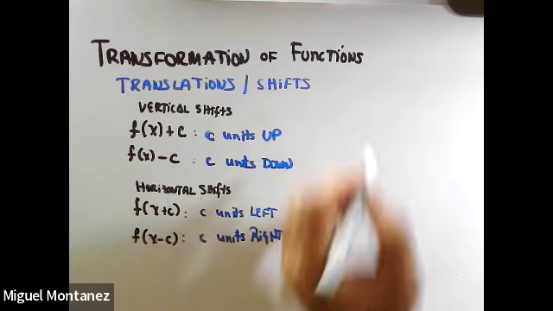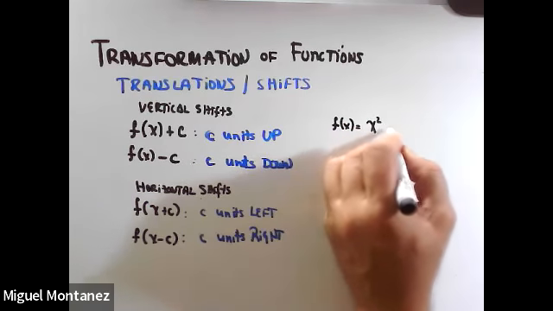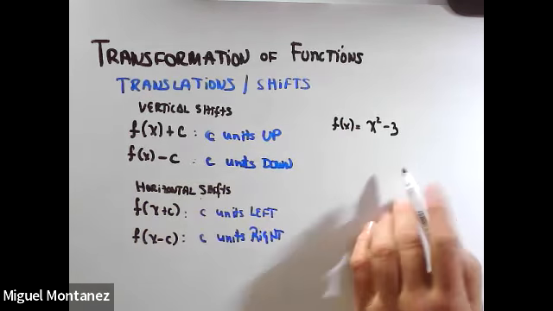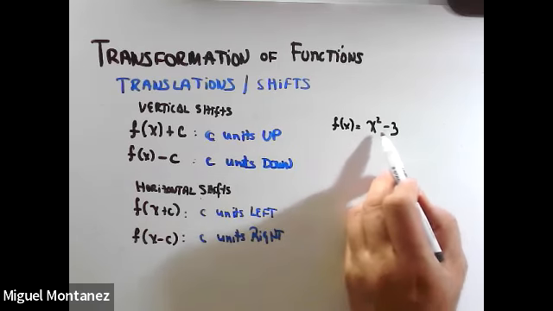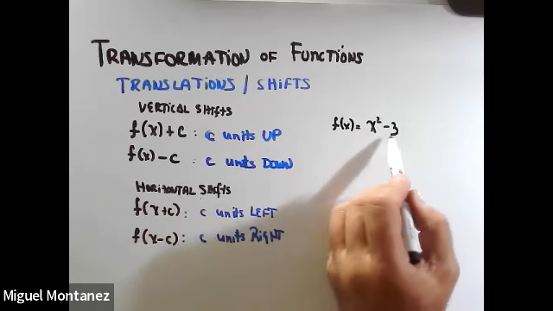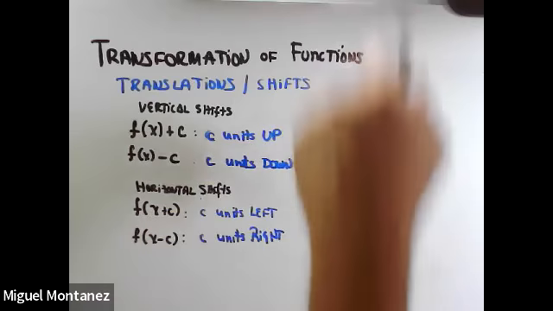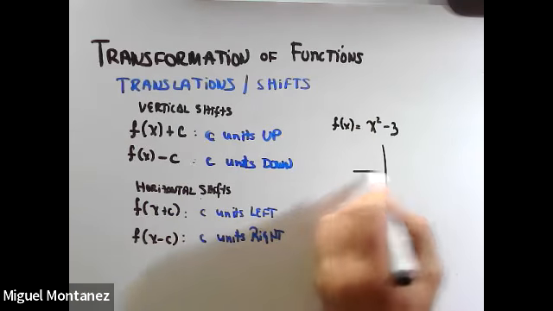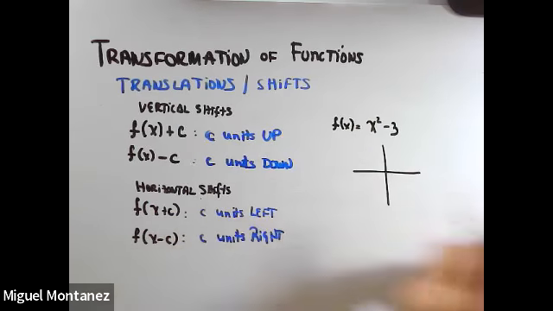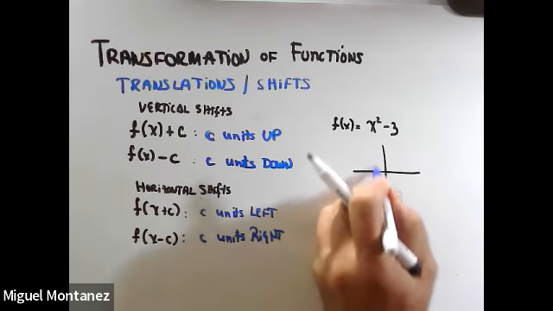Thus, if I had a function f of x equals x squared minus 3, well, I'm subtracting 3 after I square, so I'm affecting the output because I do it after. That means the parabola is pushed 3 units down. So we don't start at 0, 0. Now we start here at -3, and we go up.